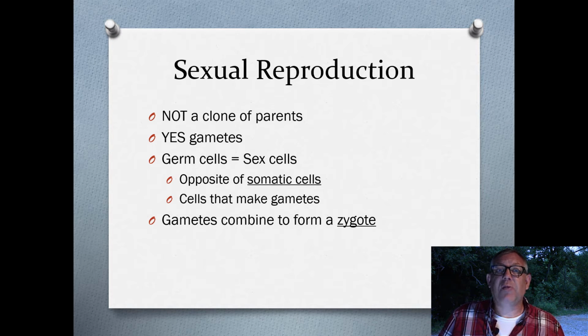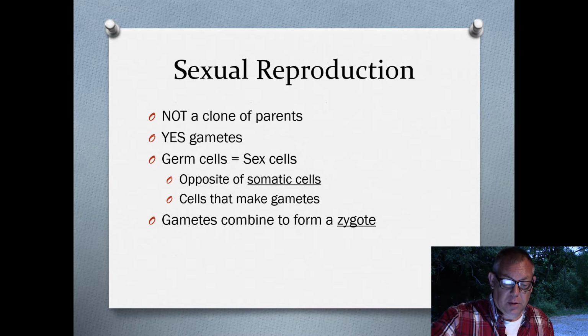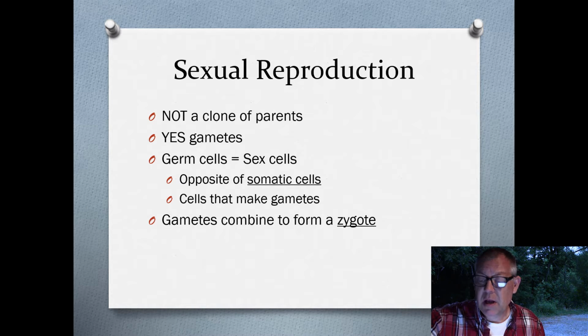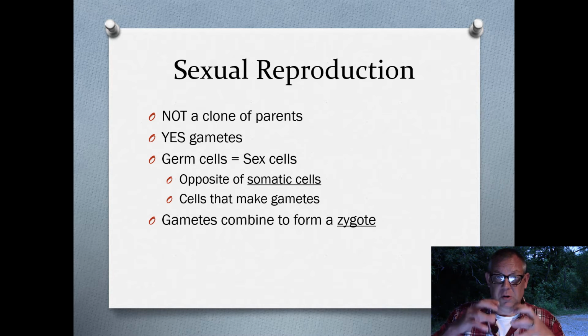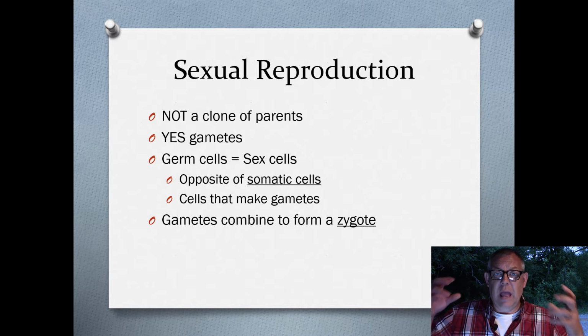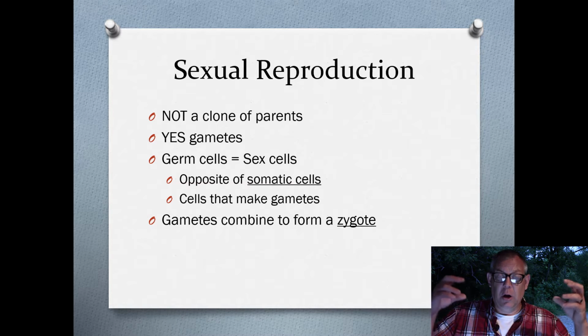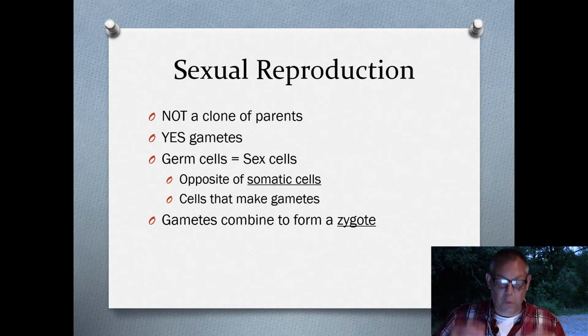The sex cells are also called germ cells, or the germ line. This is the opposite of somatic, or body, cells. So the germ cells are the cells that make gametes. Now they can do both mitosis and meiosis. The germ cells themselves need to replicate, and that requires mitosis, but then they have the ability to go through meiosis to create the gametes. The gametes are going to combine to form a zygote.